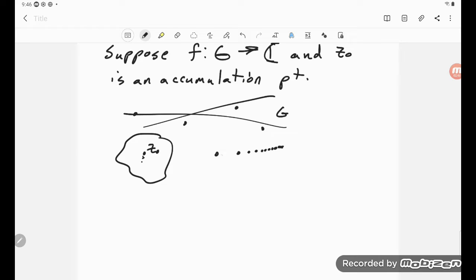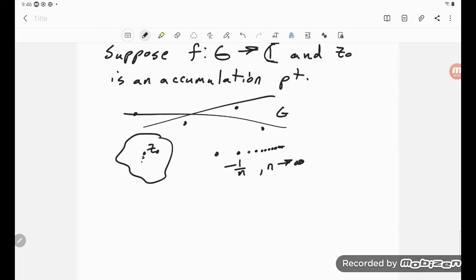Now I drew these from the other direction, so I could use a minus. If I said something like minus 1 over n, as n heads out to infinity, these things are getting really, really close to 0.